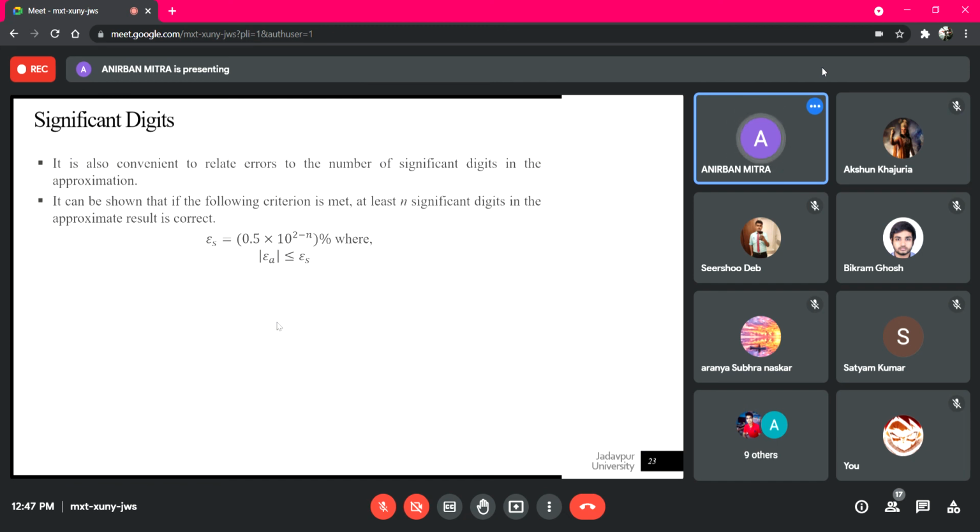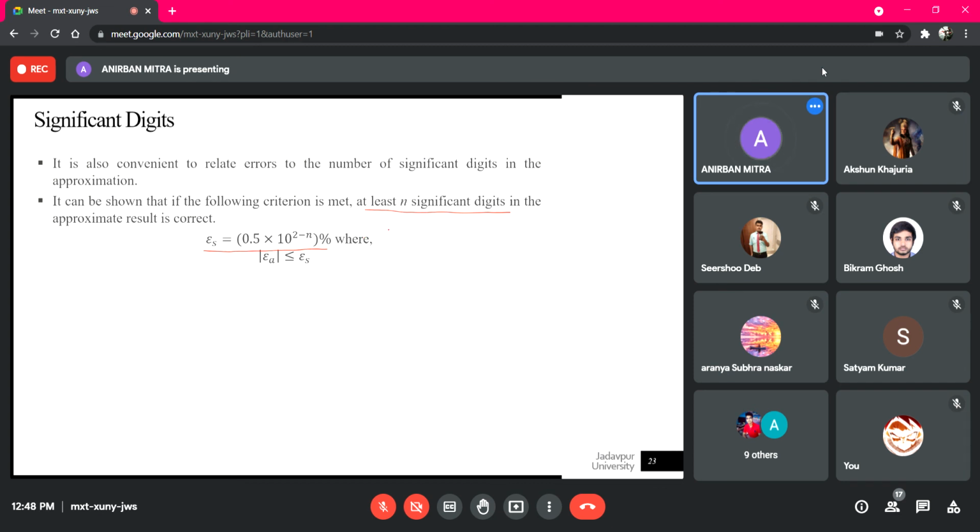There is another way of saying it. Now it can be shown that if the following criteria, this expression, is satisfied, then at least n significant digits in the approximate result is correct.